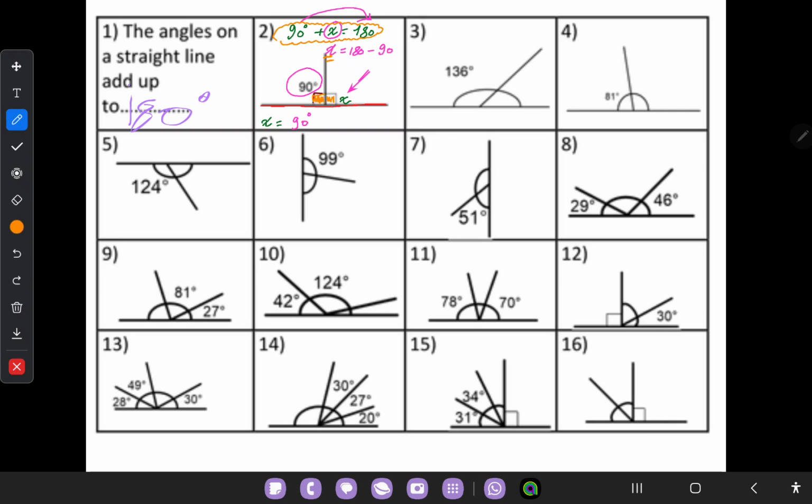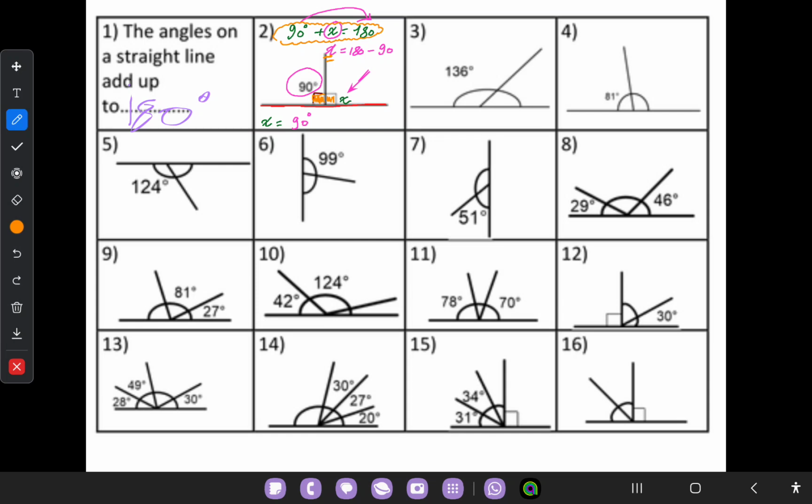We will subtract 90 from 180 to get the angle x, and that would be 90 degrees.